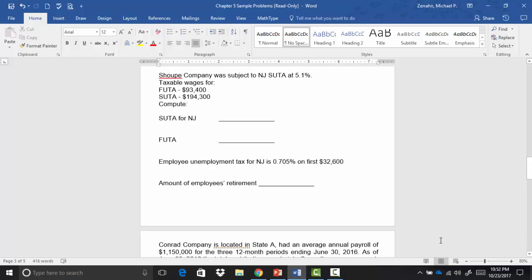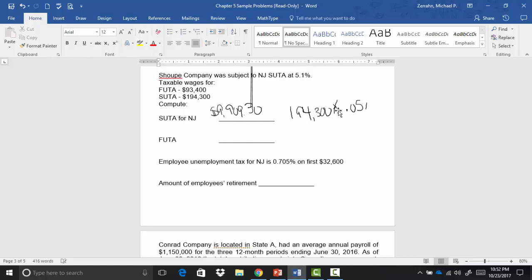Shoop Company was subject to a New Jersey state unemployment rate of 5.1%. Taxable wages for the FUTA was $93,400, and for SUTA was $194,300. So their state unemployment, $194,300 times the rate, 0.051, and they have a state tax of $9,909.30.